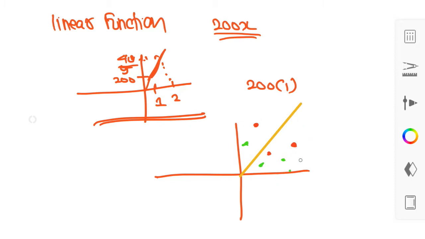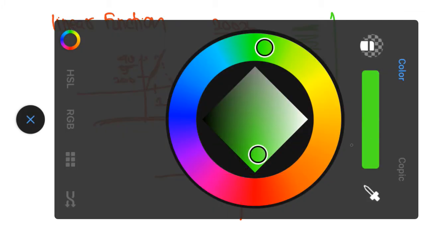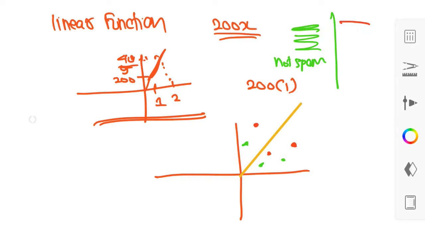We want to classify every point in this section as not spam and every mail in this section as spam, but we cannot, because the points are arranged in this manner.